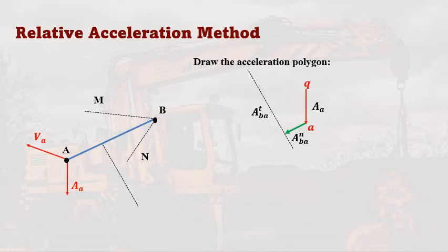So that is the direction of the tangential component of the acceleration of B relative to A. So now that we know the acceleration of B relative to A tangential, its direction, and since we know that the absolute acceleration of B has its direction denoted by M, then we can draw that from pole Q because that is the absolute value of the acceleration of B. So we draw that from the pole Q, and then its intersection with the tangential component now represents the acceleration of B. So therefore, we're able to get the acceleration of B.